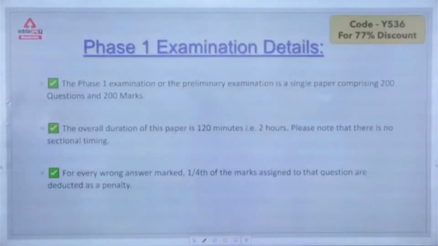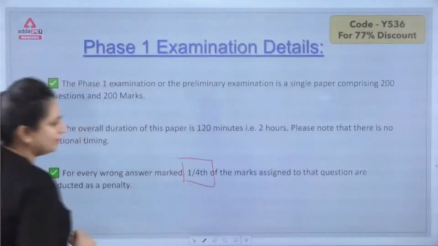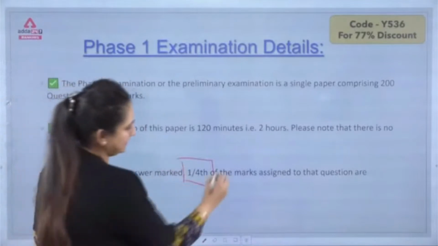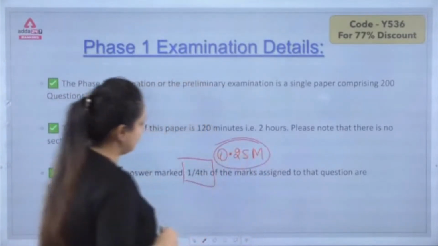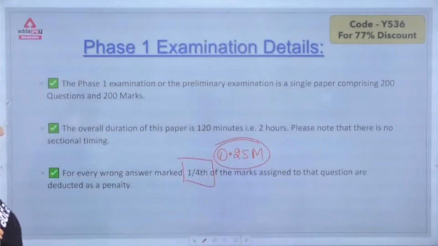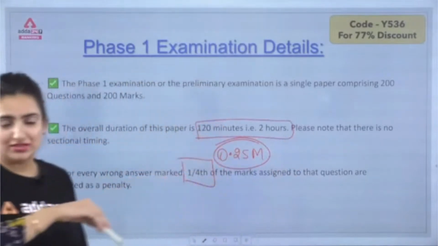Moving forward, the important things which I had highlighted: 1/4 is the marks, like 0.25 will be deducted, this is the negative marking, and the overall duration of the paper is 120 minutes, that is 2 hours, which I told you in the previous slide.